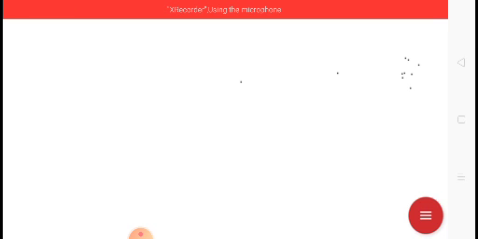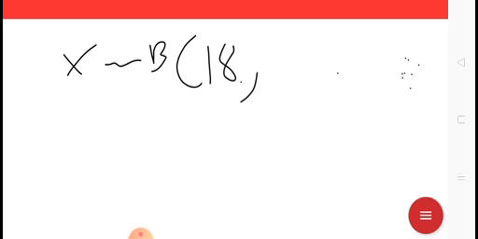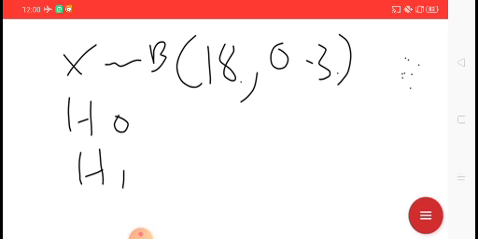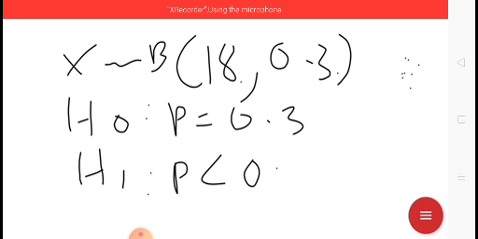For this question, you may set your parameters first. Binomial, you have 18, and red may be 0.3. And your alternative hypothesis is p smaller than 0.3.